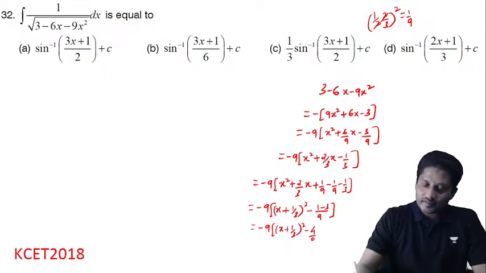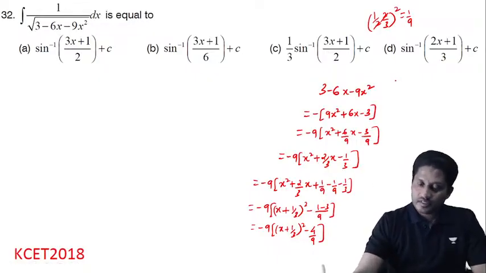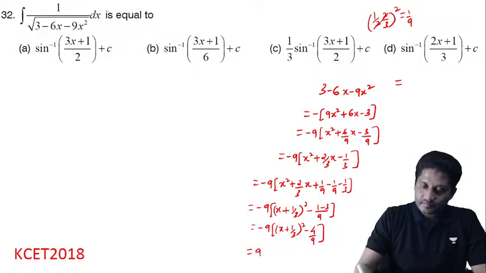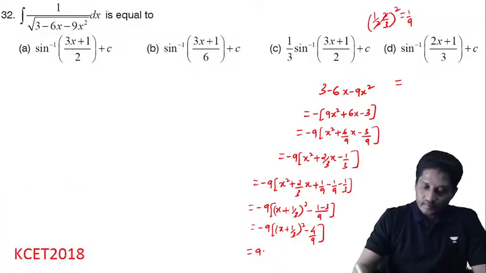If you reverse that, minus will be plus, equal to 9 times 4 by 9 minus x plus 1 by 3 the square. 4 by 9 can be written as 2 by 3 the whole square, minus x plus 1 by 3 the whole square.